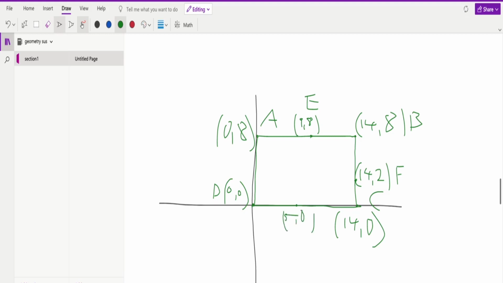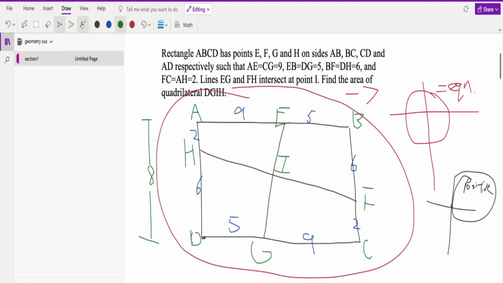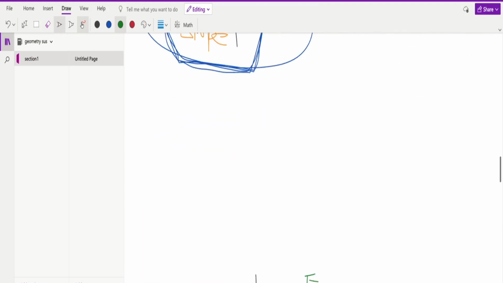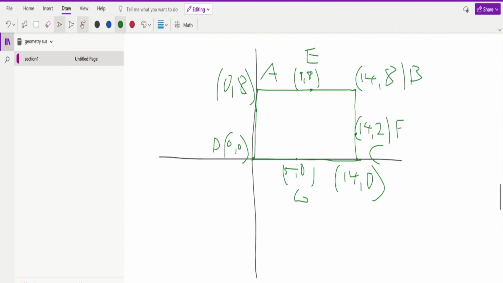This is G. And lastly, we have H. H is 6 units above D, so we're going to draw this as 6 units above, so 0, comma 6. That would be H. And then we draw their lines connecting, and we know that they intersect at I.